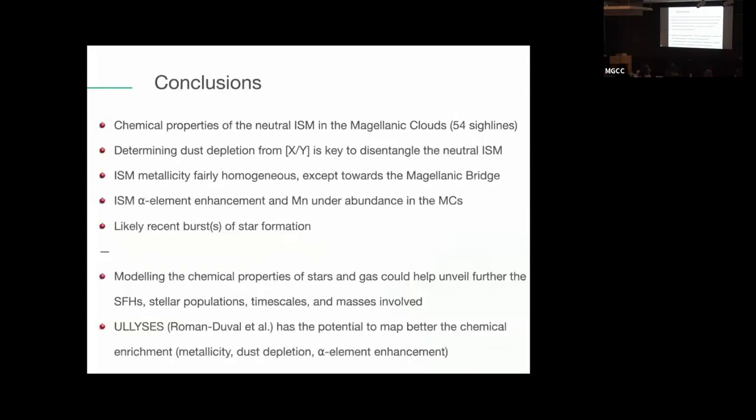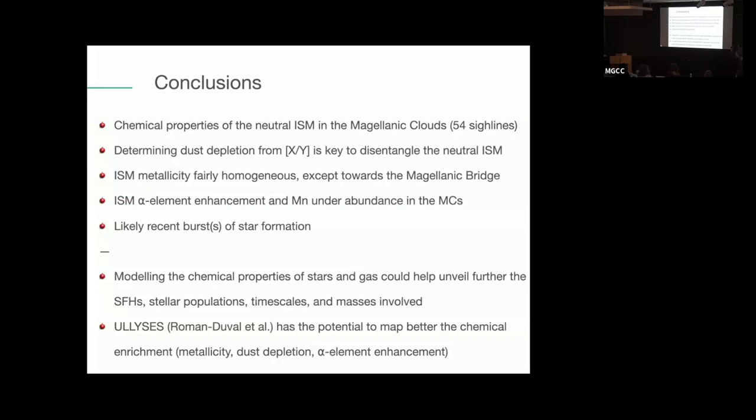So in conclusions, we characterized the chemical properties of the neutral ISM in the Magellanic Clouds, and determining the dust depletion from the relative abundances is really key to disentangle the different processes and to really understand the neutral ISM. The ISM metallicity is fairly homogeneous with the exception of the Magellanic Bridge.